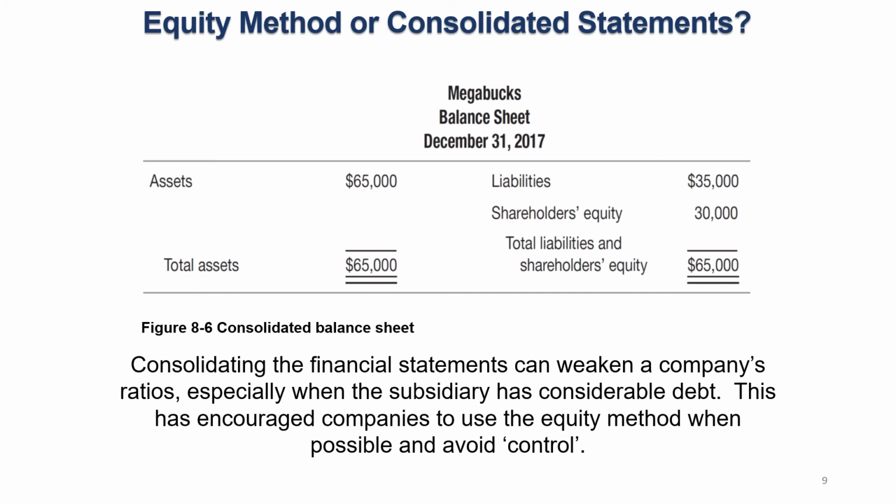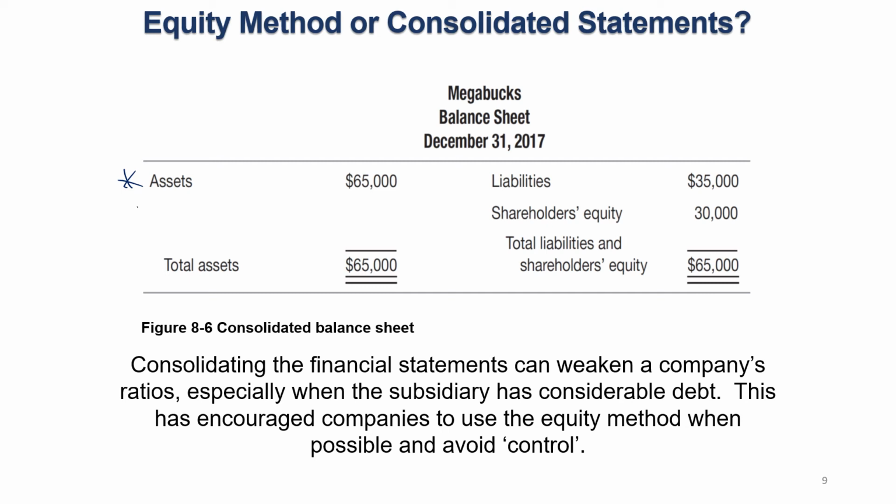So what happens is the shareholders' equity section of tiny goes away and is offset against the assets. So the assets here are made up of the 50,000 of megabucks assets plus the tiny assets of 20,000 minus the shareholders' equity of 5.